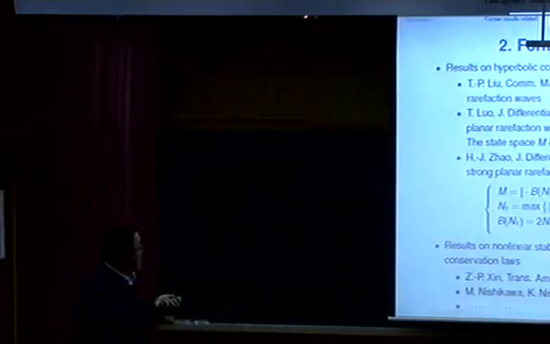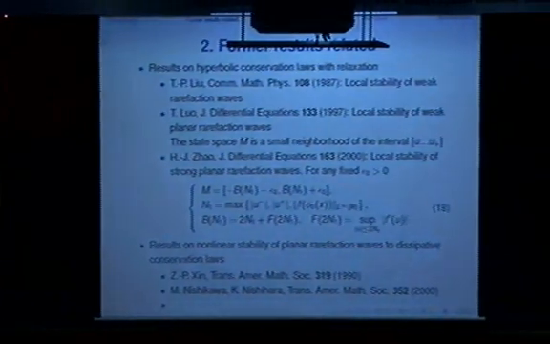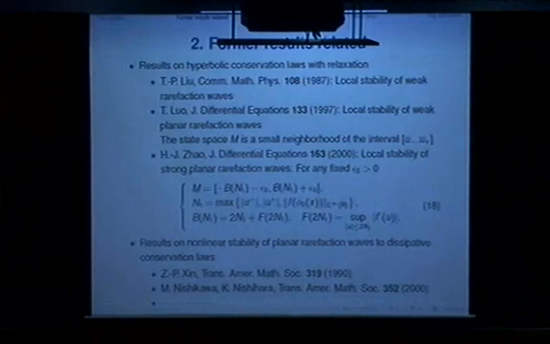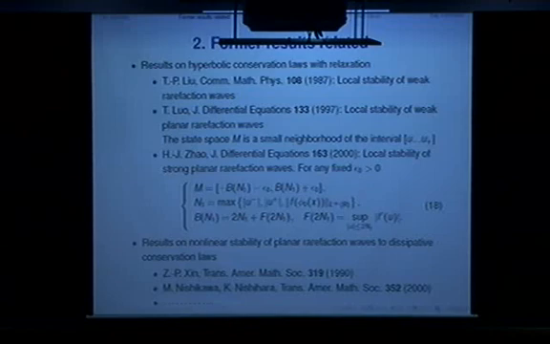For the relaxation approximation to scalar conservation laws in two space dimensions, Tao Luo in 1997 got the local stability of weak planar rarefaction waves. In this case the state space M is a small perturbation of the interval between u₋ and u₊, since he also asked the strength of the rarefaction waves to be small. So in some sense this state space is just a small perturbation of some point.